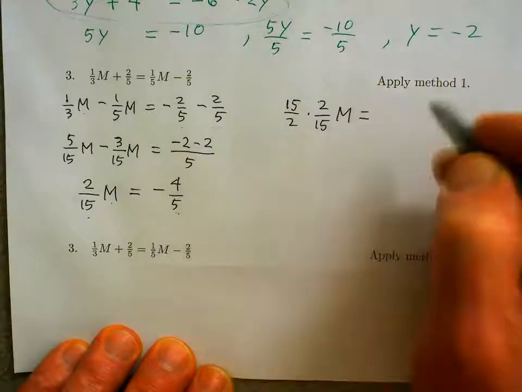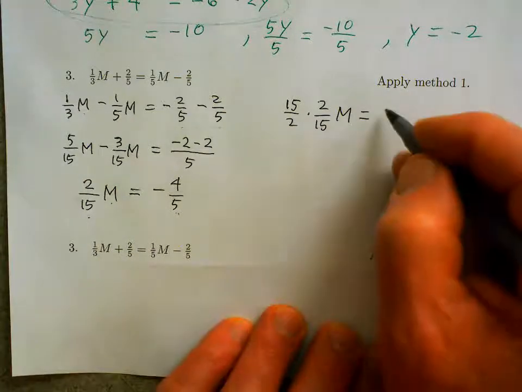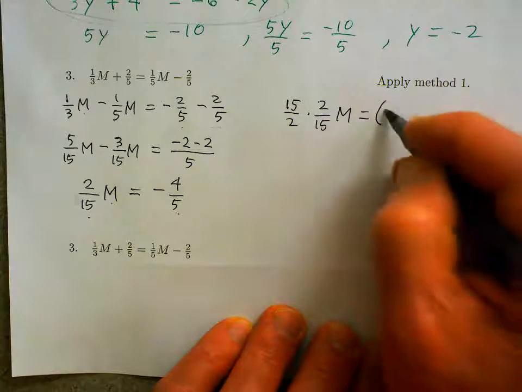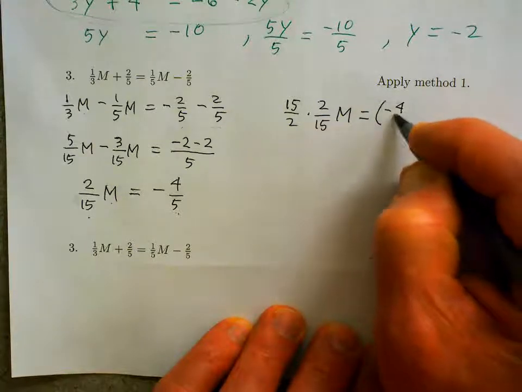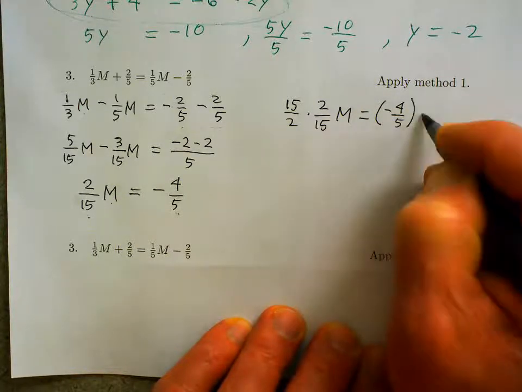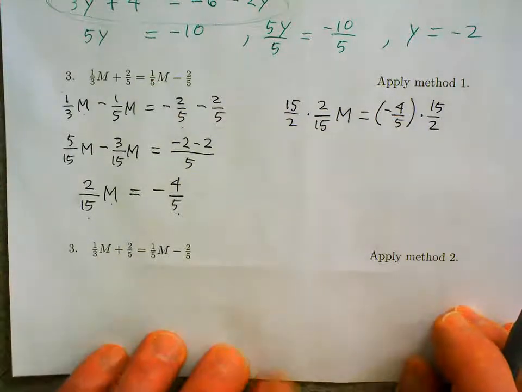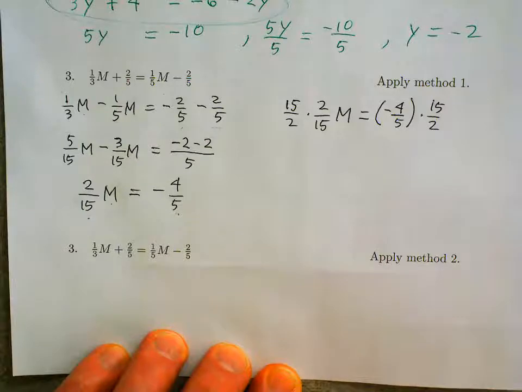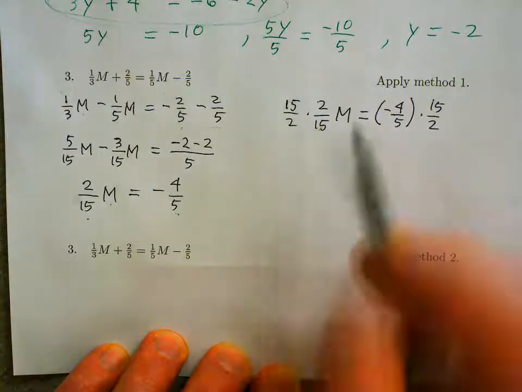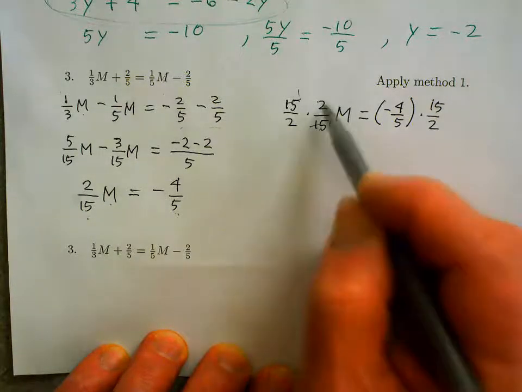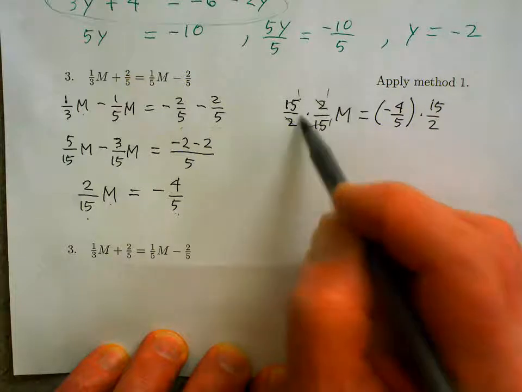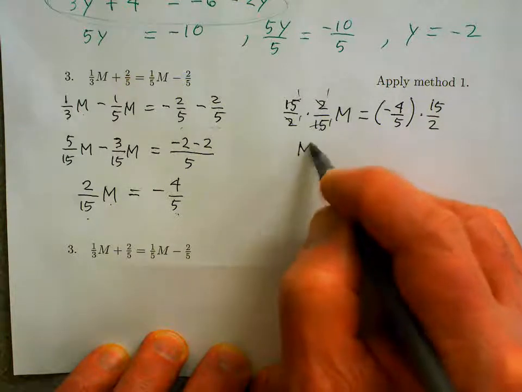And on the right-hand side, we can multiply in either order. So I'll just write negative 4/5 times 15/2. On the left-hand side, 15 divided by 15 is 1. 2 divided by 2 is 1. So we get 1m or m.